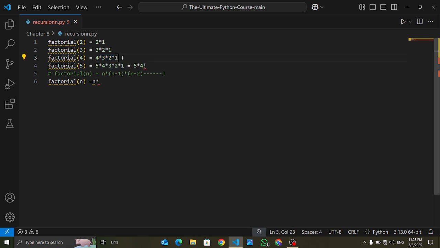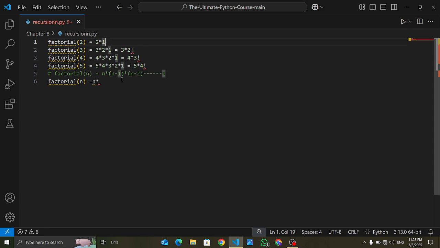Can we also say this is nothing but 4 multiplied by 3 factorial? Yes, this is also true. So we can also say this is equal to 3 multiplied by 2 factorial. Yes, it's true.